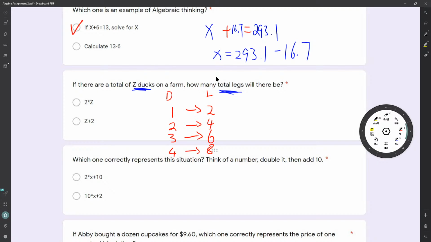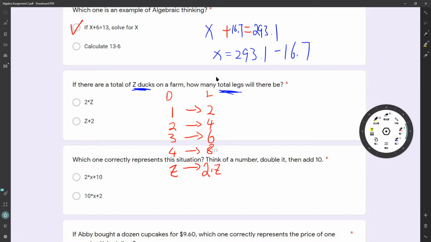And then when we have Z ducks, the legs should be double that Z, and that will be 2 times Z. Because that's the relationship.